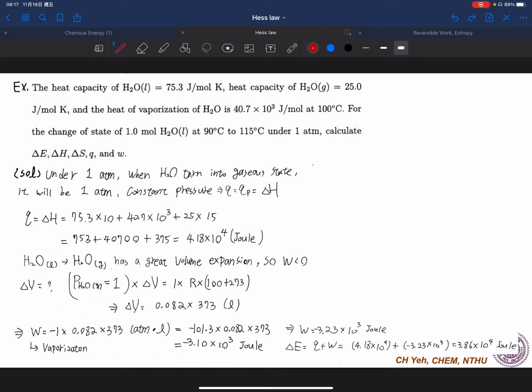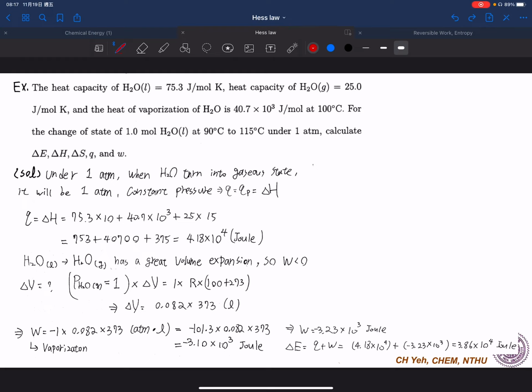Notice that I didn't calculate the entropy yet, because entropy belongs in chapter 10, and I will cover it in the next video. Now the heat capacity of liquid H2O is 75.3 joules per mole K. The heat capacity of H2O in the gaseous state is 25 joules per mole K.